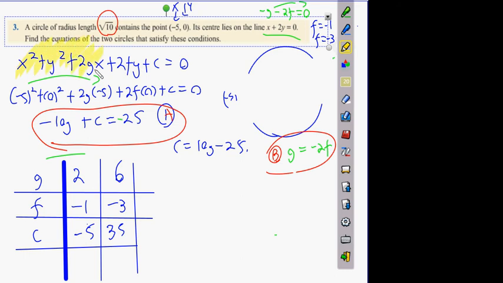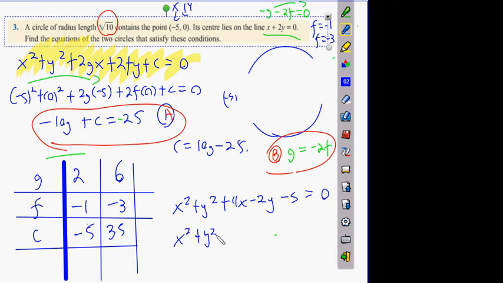And therefore the two equations of your circle, you put into this formula up here. You put this into the formula and you get two different equations out. You get x² + y² + 2gx, which is +4x, -2y - 5 = 0. The second equation would be x² + y² + 12x - 6y + 35 = 0.